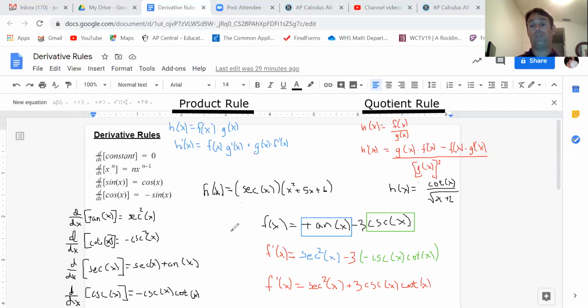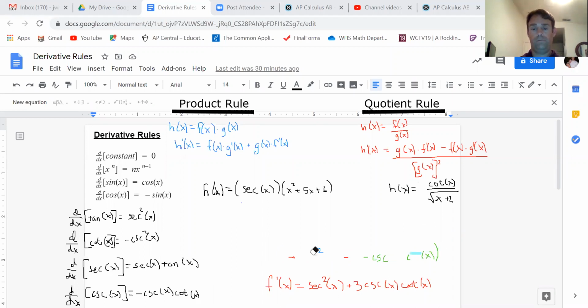All righty, friends, you got 2 more to try there. So go and pause the video, try them real quick, and then we will take a little look-see. Go for it. All right, so this right here, here's my f of x, otherwise known as the first function.